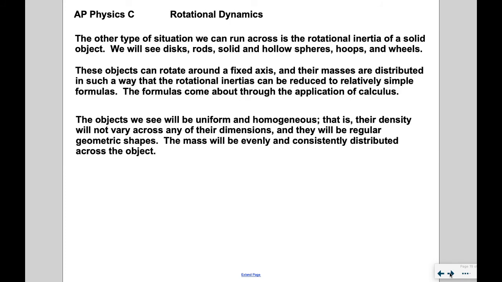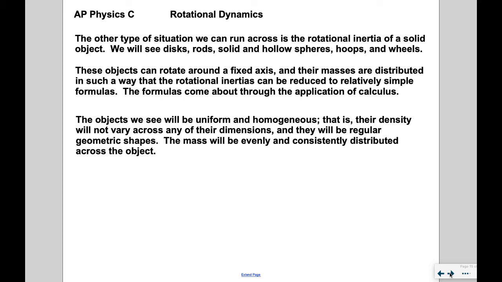More often, we're going to be considering the rotational inertia of a solid rotating object that does have physical dimensions, like disks or rods or balls, hollow and solid, hoops and wheels. These objects can rotate around a fixed axis, and their masses are distributed in such a way that their rotational inertias can be reduced to a relatively simple formula.